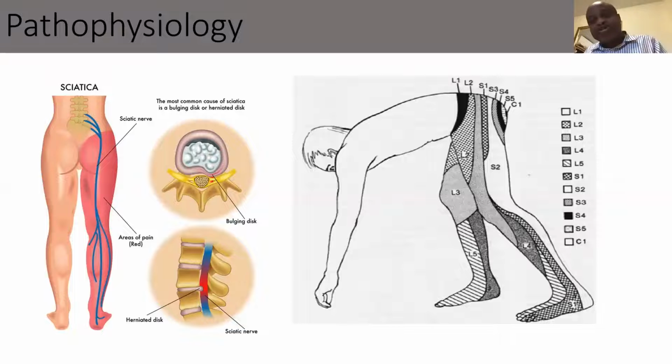The compression and irritation of the sciatic nerve is what we call sciatica in layman's terms. And so that is pain from the back radiating towards the distribution of that nerve called the sciatic nerve. So any nerve pain from the lower back going towards your thigh, your leg, behind your calf, and then towards your foot, we call this sciatica. Next slide, please.